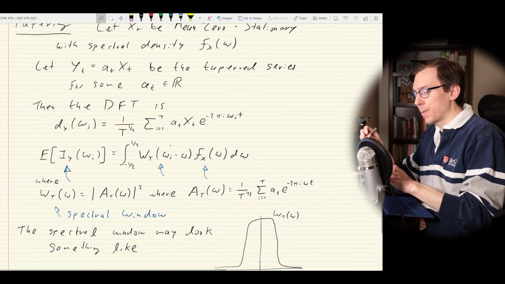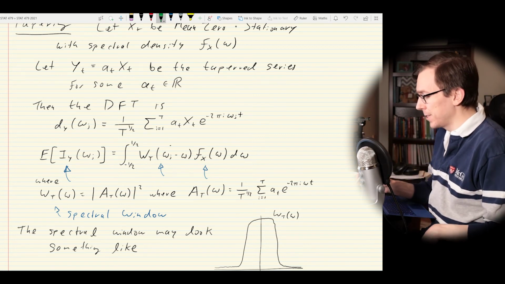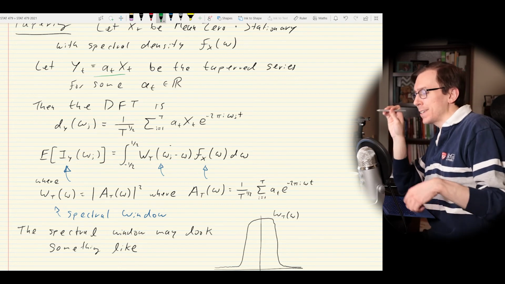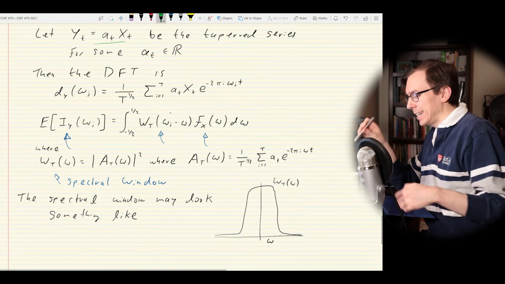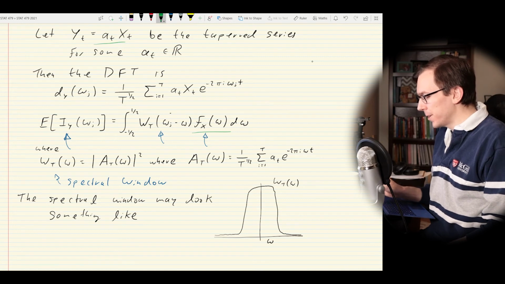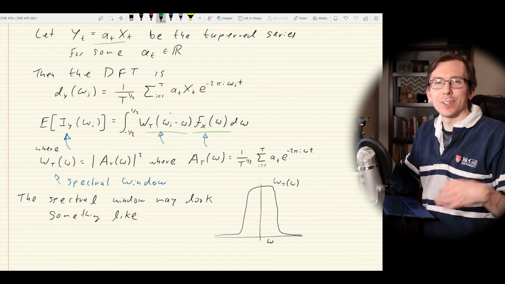Here, we're modifying the original data X, and the effect of modifying the original data is to ultimately average the spectral density over some window W_t.